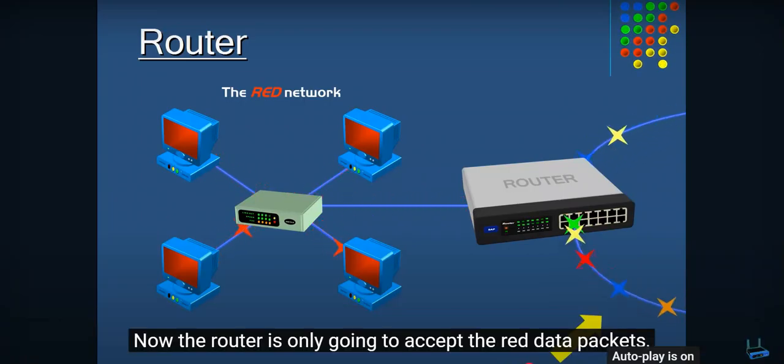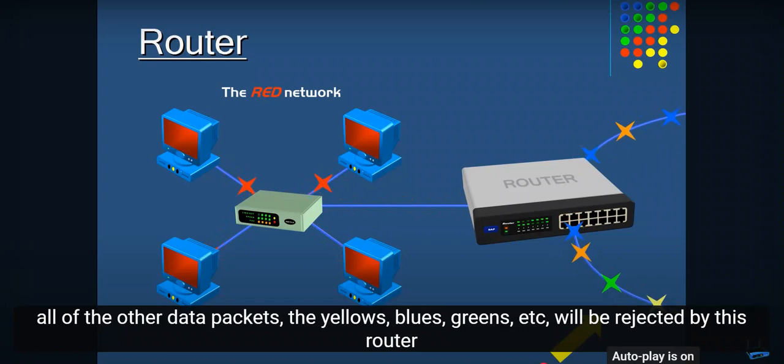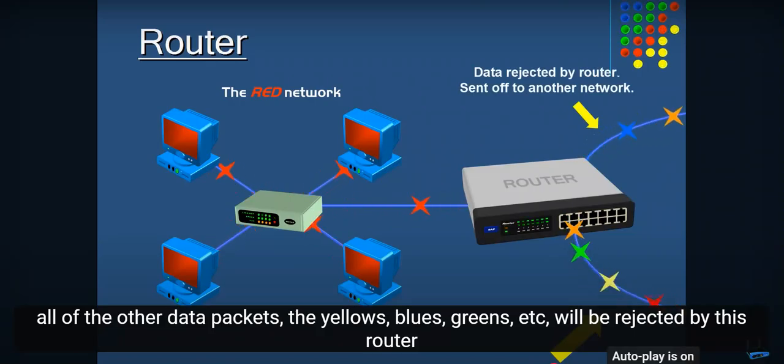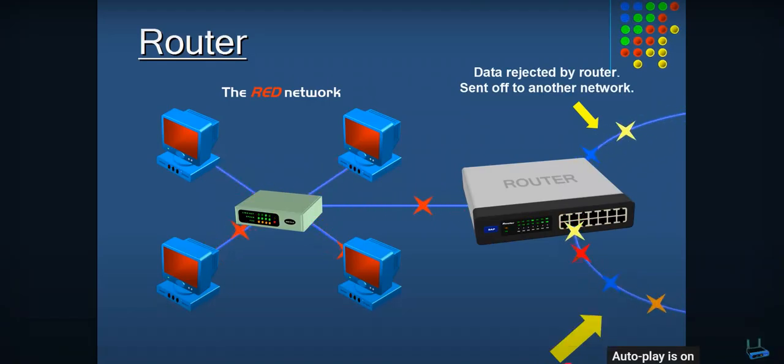Now the router is only going to accept the red data packets, because they are the only ones that are intended for this network. So all of the other data packets, the yellows, blues, greens, etc., will be rejected by this router because their IP addresses were not meant for this network.